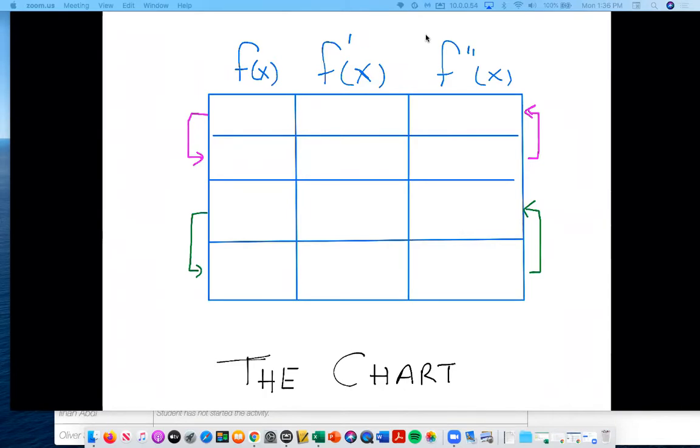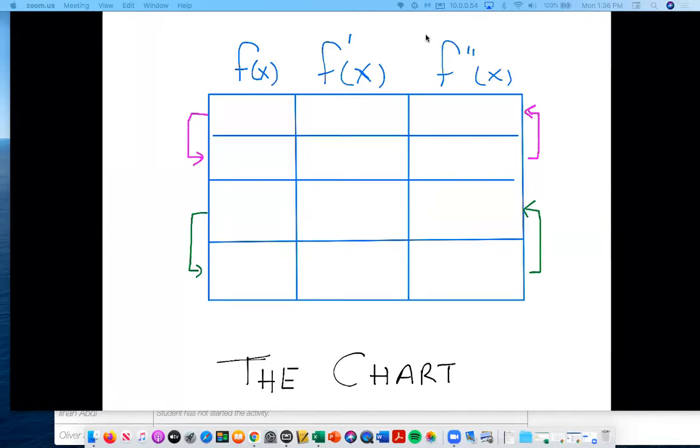I want you to copy this down because you'll copy it down several times this year. If you take the AP exam live, my guess is some of you will write this down right out of the gate. The first column is F, the second column is F prime, and the third column is F double prime.